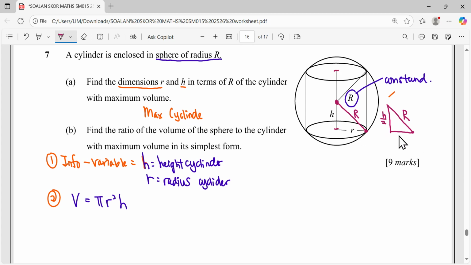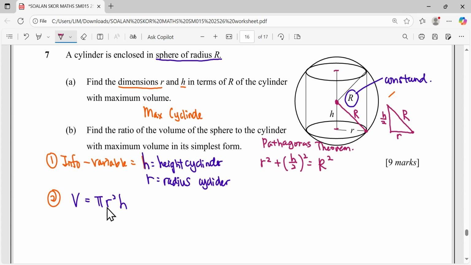The radius is still the same. For the triangle with 3 sides given, we can use Pythagoras theorem. Pythagoras theorem says that a square plus b square equals c square.